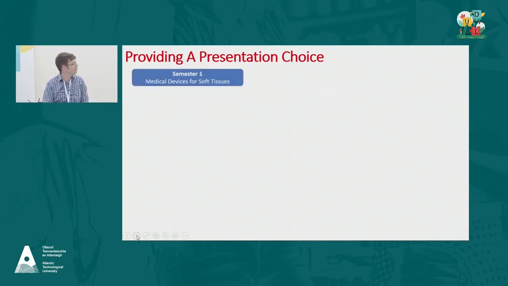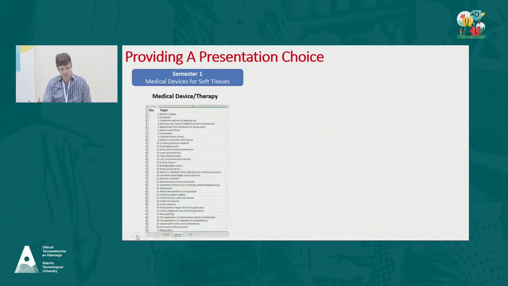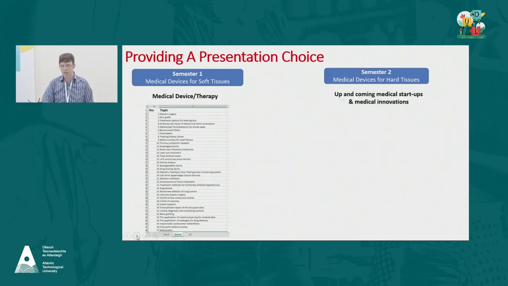For the first semester, for medical devices, soft tissues, I got students to do a review paper. It was on a medical device or a therapy. So I would have given the students a choice of what type of device they want to look at, whether it's robotic surgery, stents for heart attacks, nebulizers, or grafting, for example. In the second semester then, they were to do a review paper on the up-and-coming medical startups or medical innovations.